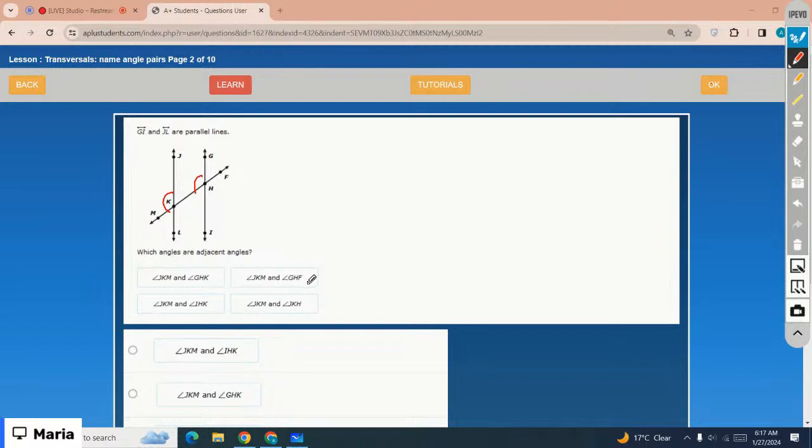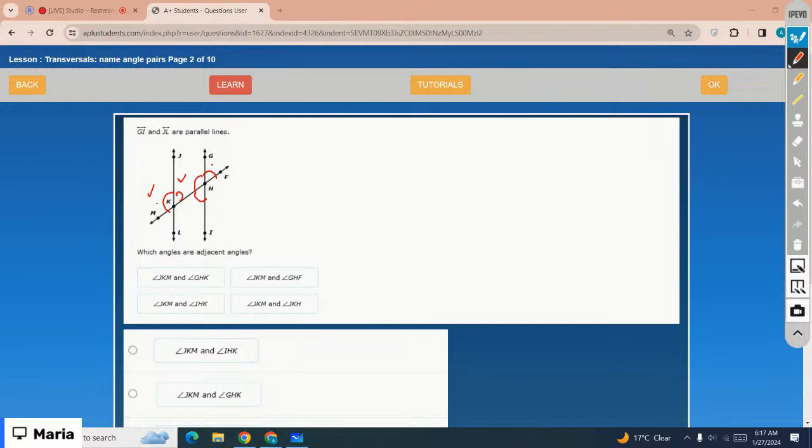JKM and GHF, no, this one and this one are not adjacent. JKM and IHK, no. JKM and JKH, yes, this one and this one, they are adjacent angles, right?